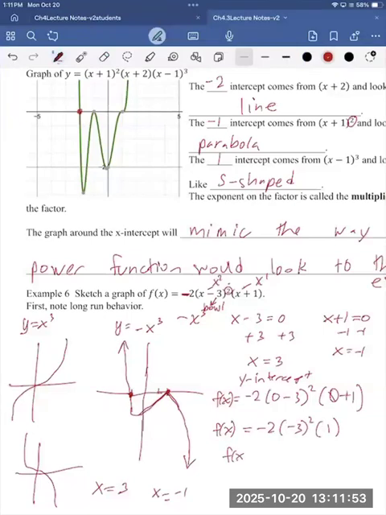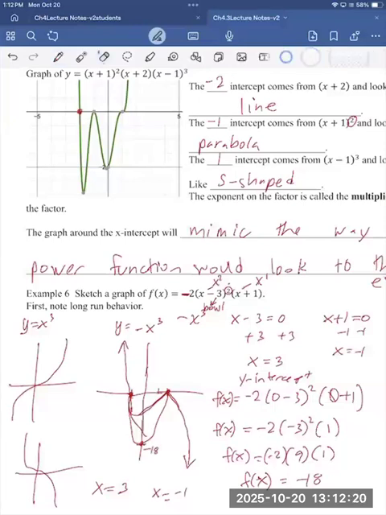So this is going to be 9 times 1 times negative 2, so this would be negative 18. So we expect that it comes down far here, like this maybe, at negative 18. And there we go, here's our graph.